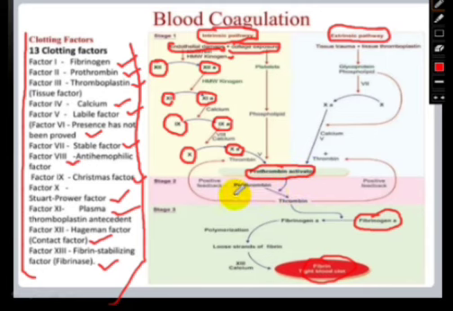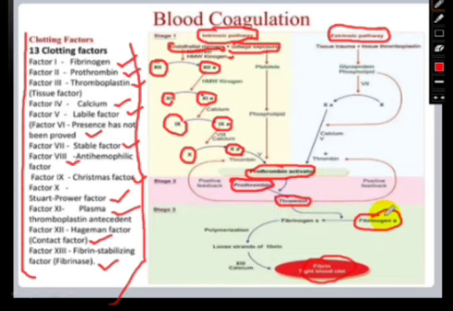Prothrombin activator will convert inactive prothrombin to what? Prothrombin activator converts inactive prothrombin to thrombin.